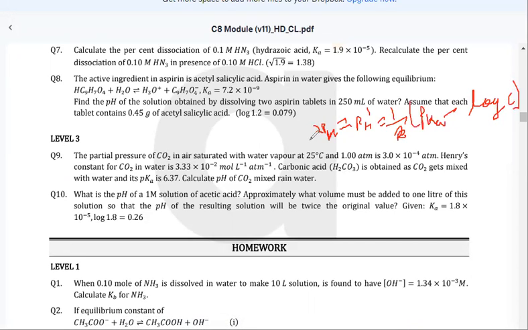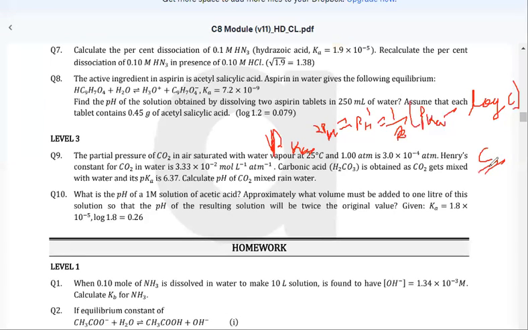And this old pH is nothing but half pKa, right? So half of it will get cancelled. It is just pKa. So you can find C from here. Now C is what? Number of moles will not change.